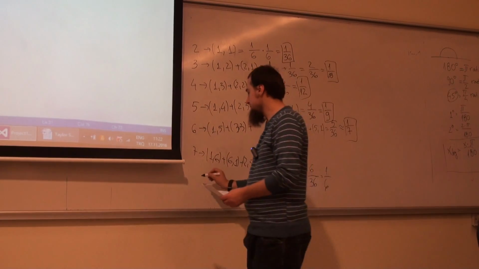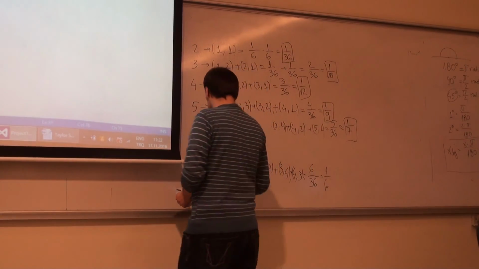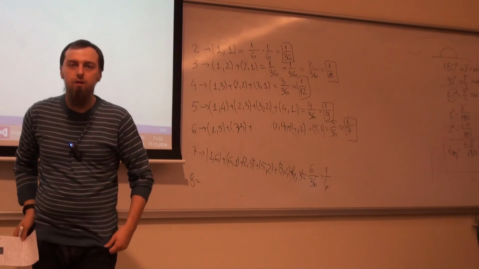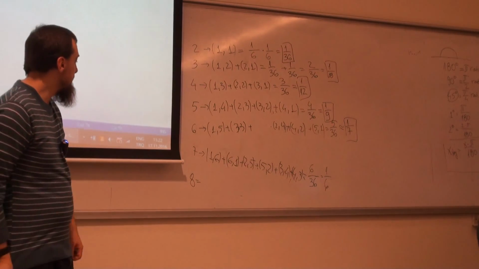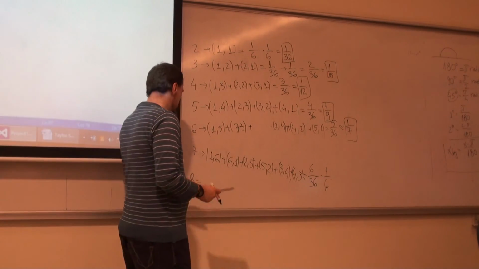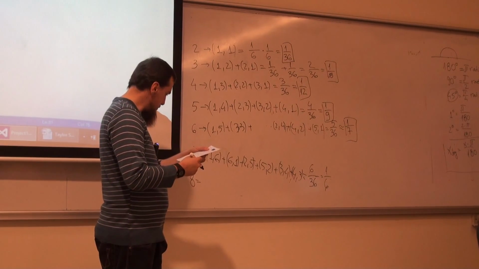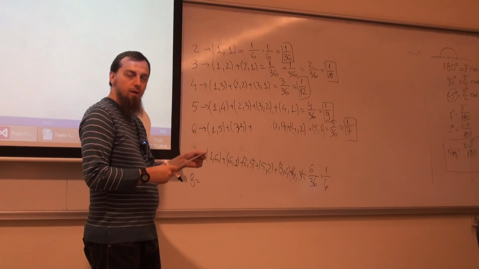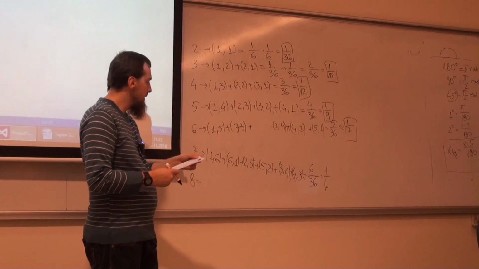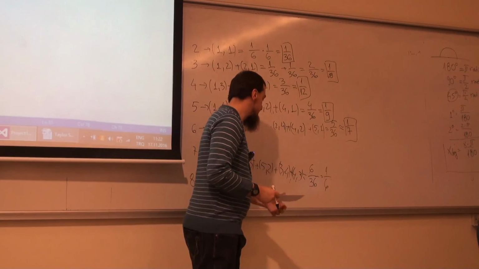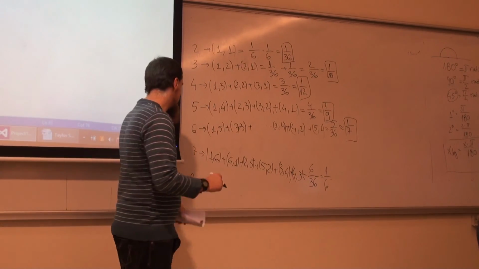In order to get 8, how many combinations do we have? 7. So 8. Are you sure about that? You mean 7 over 36? It's not always the case. So let me check it.